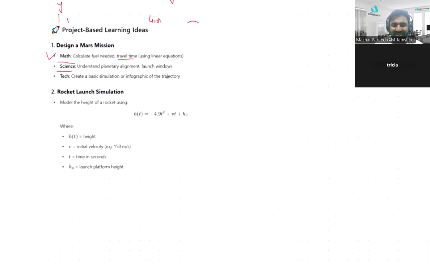When you add all these quantities, you can find the height of the rocket in space. So h represents the height, with an initial velocity that may be 150. As it goes away, its speed becomes higher and higher, and time is measured in seconds. And h is the launch platform height when it started, which means its original height.